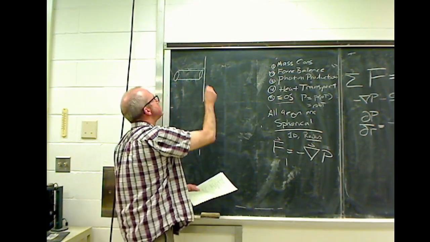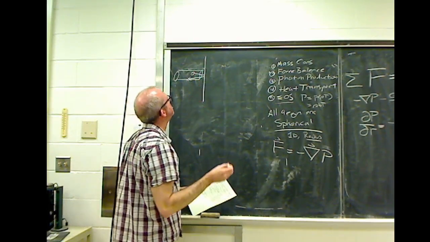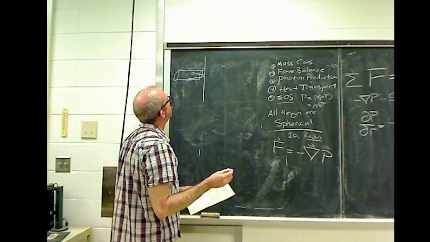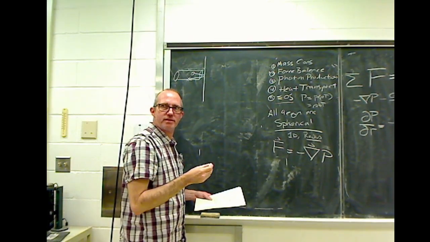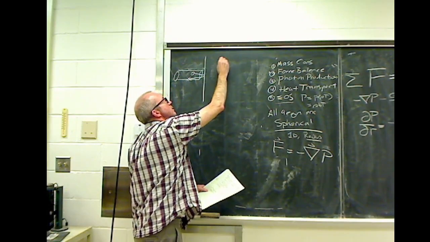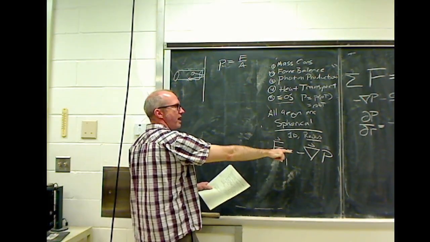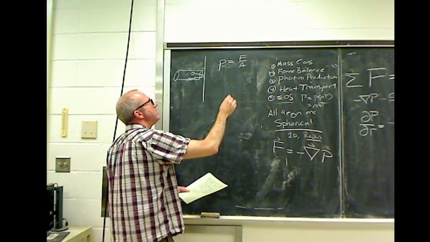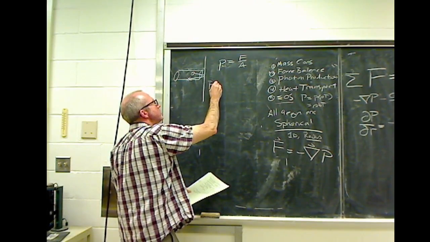So if I have particles and they bounce off this wall, what is the pressure on the wall? Well, let's talk about what is the momentum on the wall. So pressure is force per area. It's also grad P. Those are similar. So we'll come back to that for a second. Let's talk about force.